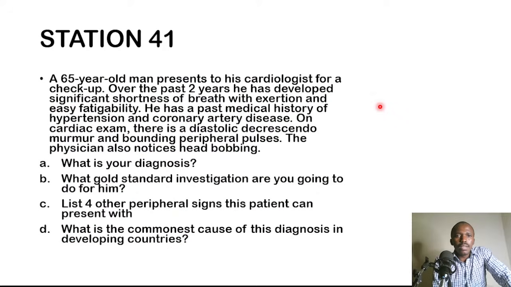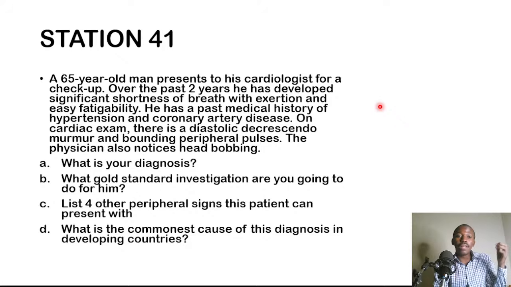So question 41. A 65-year-old man presents to the cardiologist for a checkup. Over the past 2 years, he has developed significant shortness of breath with exertion and easy fatigability. He has a past medical history of hypertension and coronary artery disease. On cardiac examination, there is a diastolic decrescendo murmur and bounding peripheral pulses.